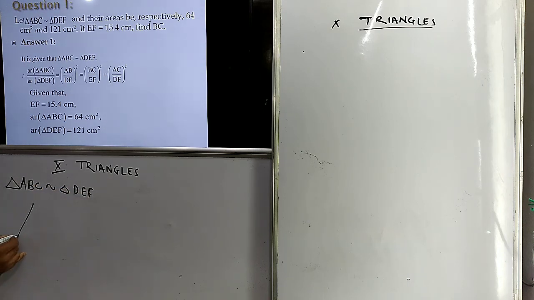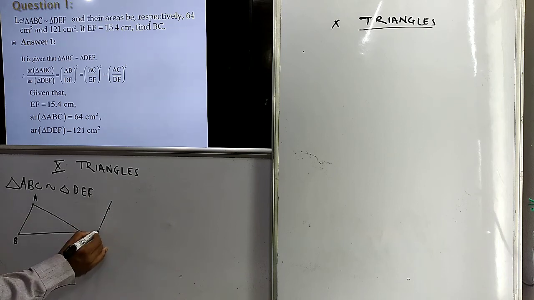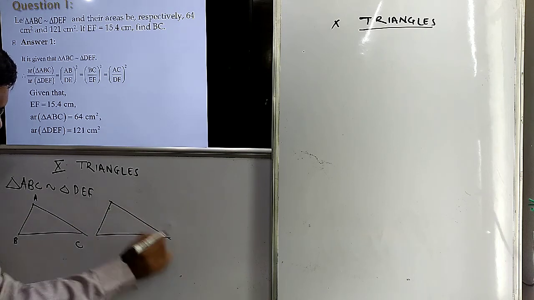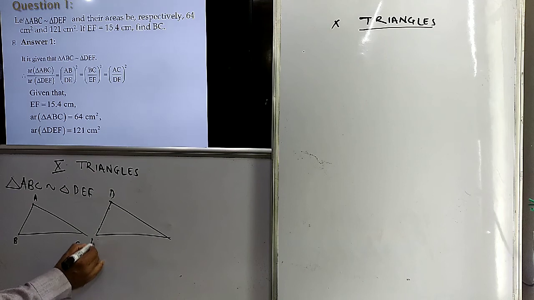Let us draw ABC, and this triangle is similar to triangle DEF. Another thing given is the areas of these two triangles.